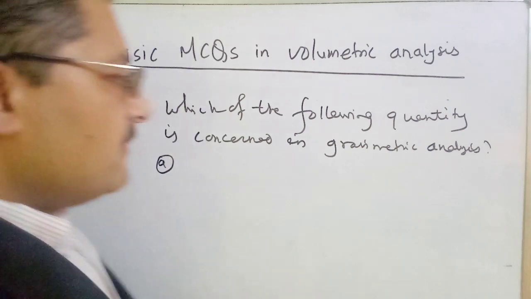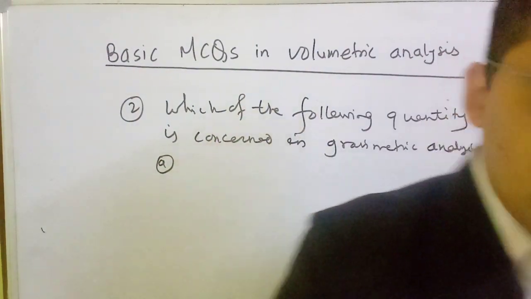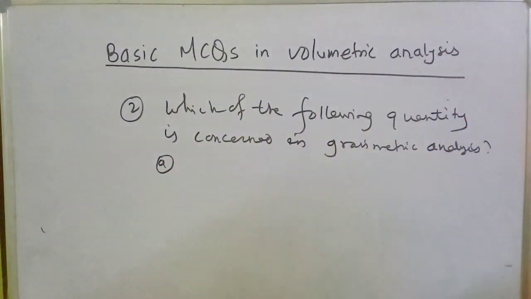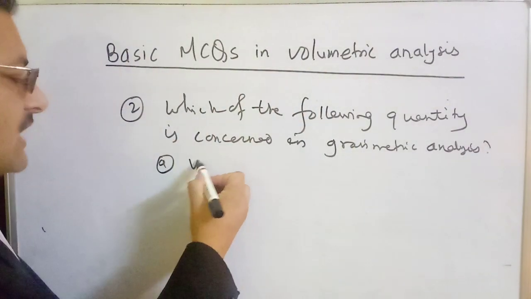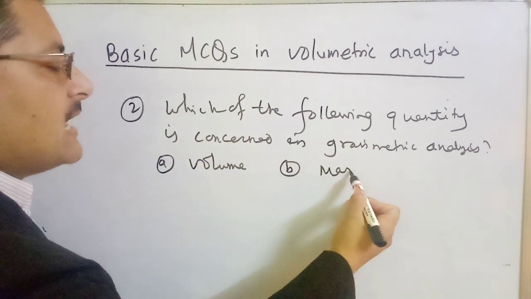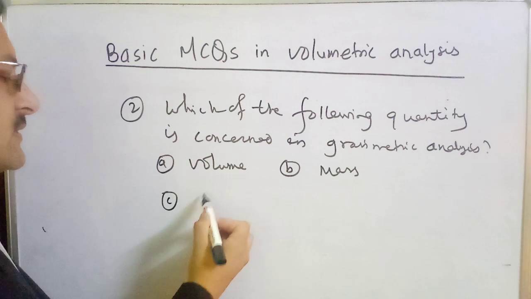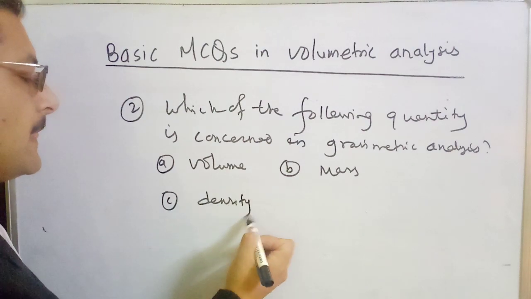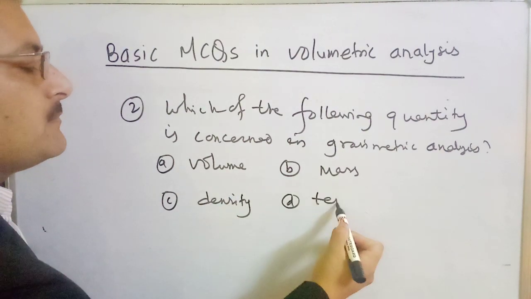Definitely we have four options here. If you are studying gravimetric analysis, you must know which quantity is concerned there. Option A is volume, option B is mass, option C is density, and option D is temperature.